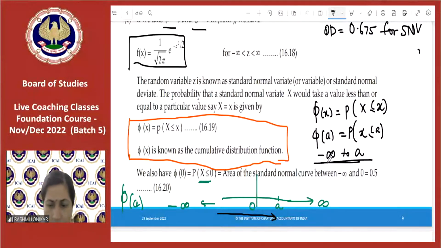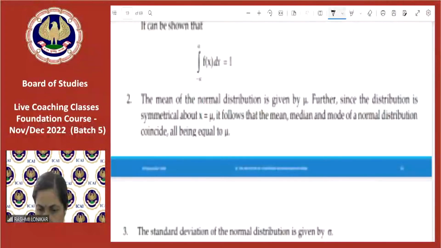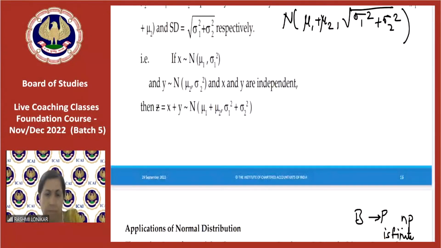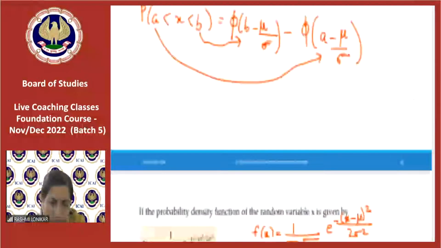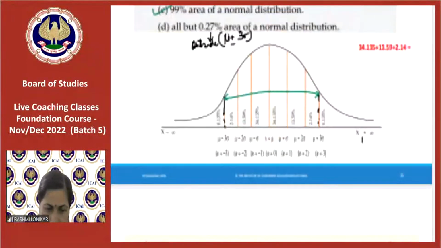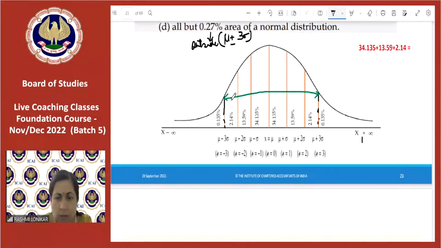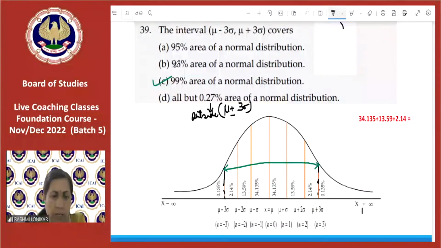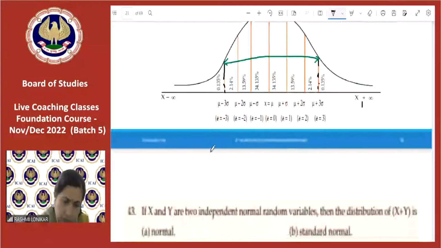This is why we say minus infinity to a. Gurleen, hope you've understood. Here also we took the area, we calculated, and we said that out of 95, 96, 99 and 0.27, C is the best answer. So we have selected C.